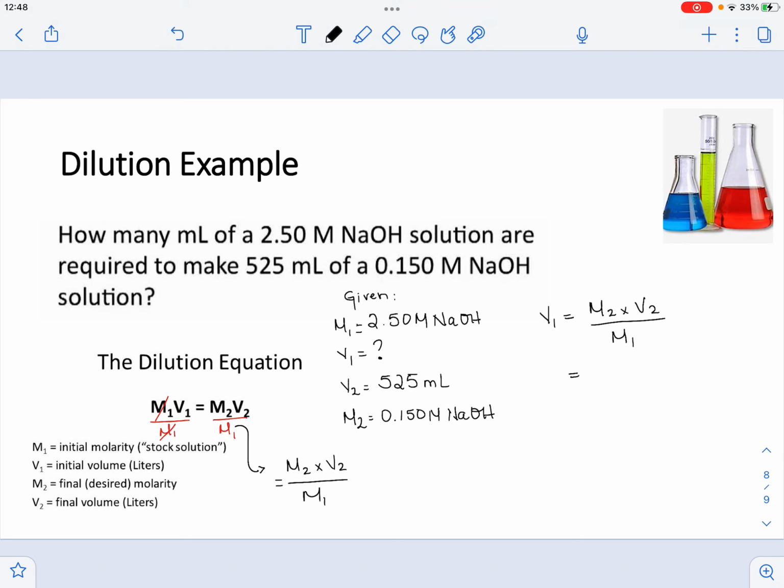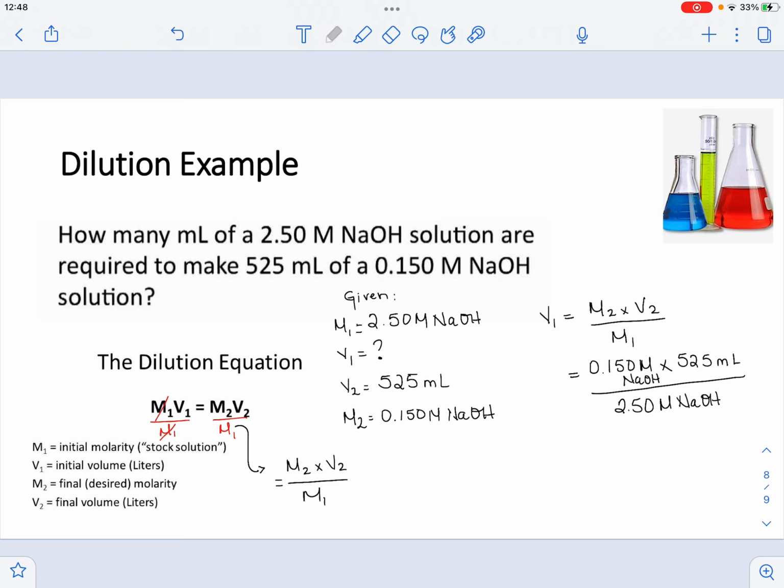I put in the values, which is 0.150 molar, and that's of NaOH. And I'm going to multiply that by 525 milliliters. I'm going to divide all of that by 2.50 molar of NaOH.